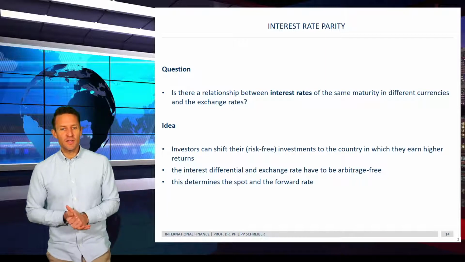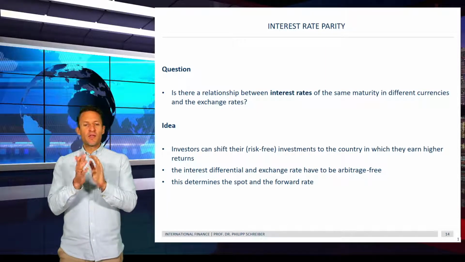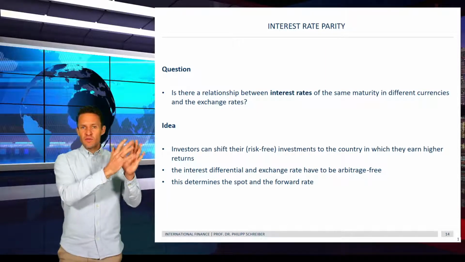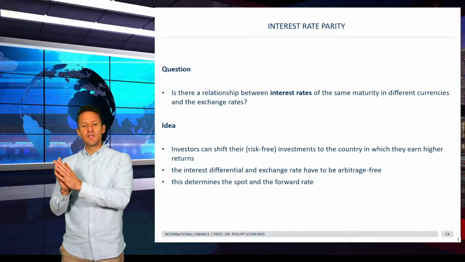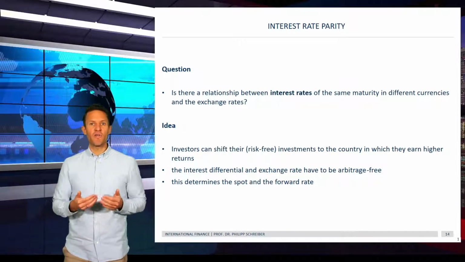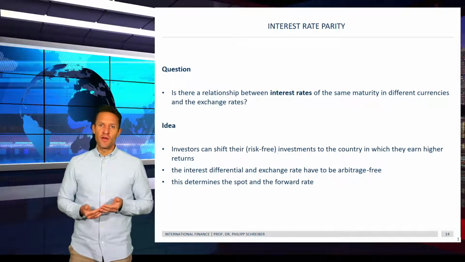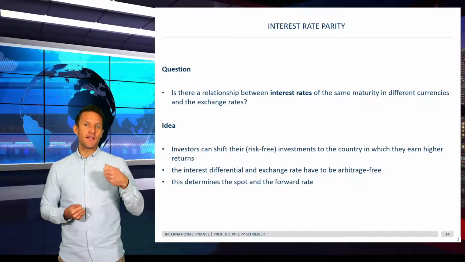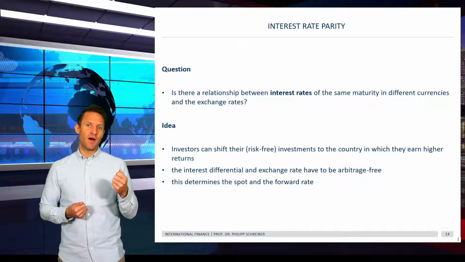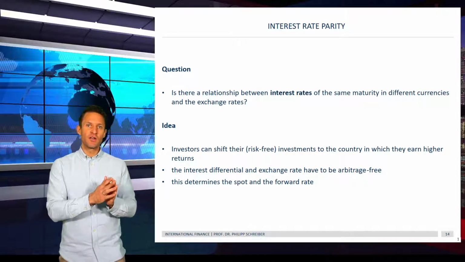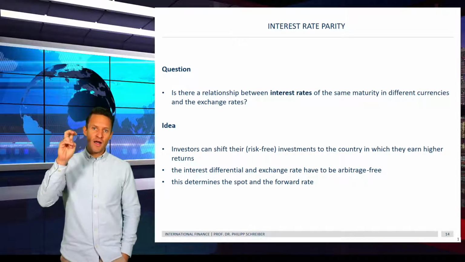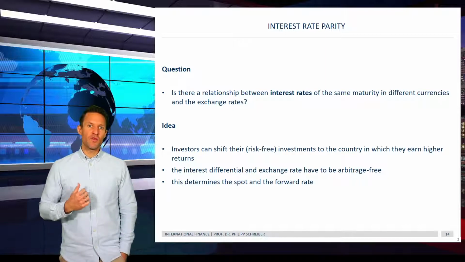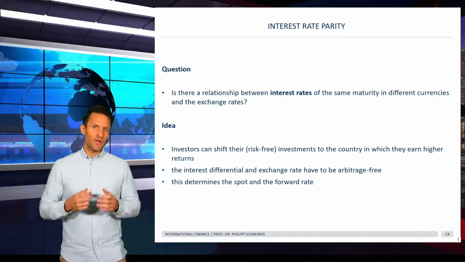And the question is, is there some relation between the interest rate in different countries and the exchange rate of money? So maybe, because interest rate is the price of money in a specific country. So what does it cost to borrow 10,000 euros at Volksbank Esslingen for a year?